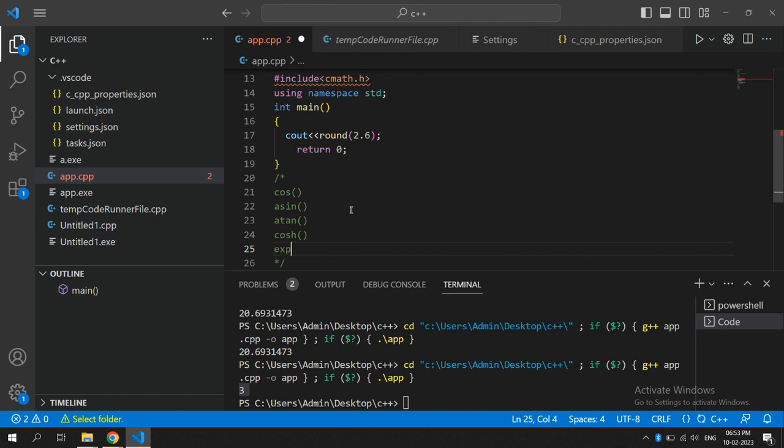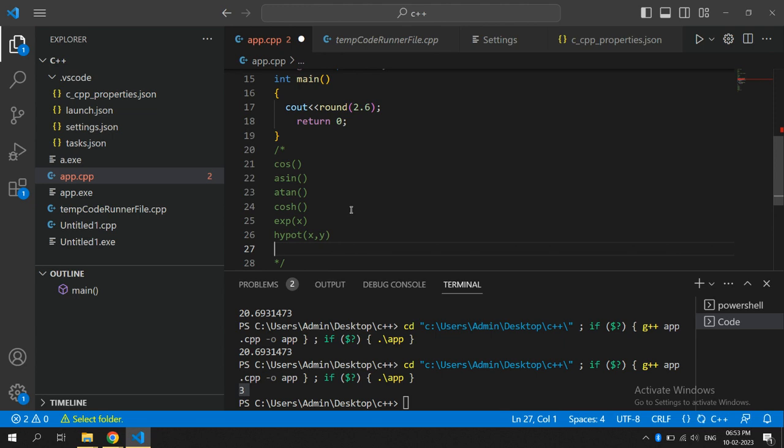Also you can find the exponential by using exp with any of the variables. Exponential functions can be used, and also the hypotenuse function, hypot, by giving two values.